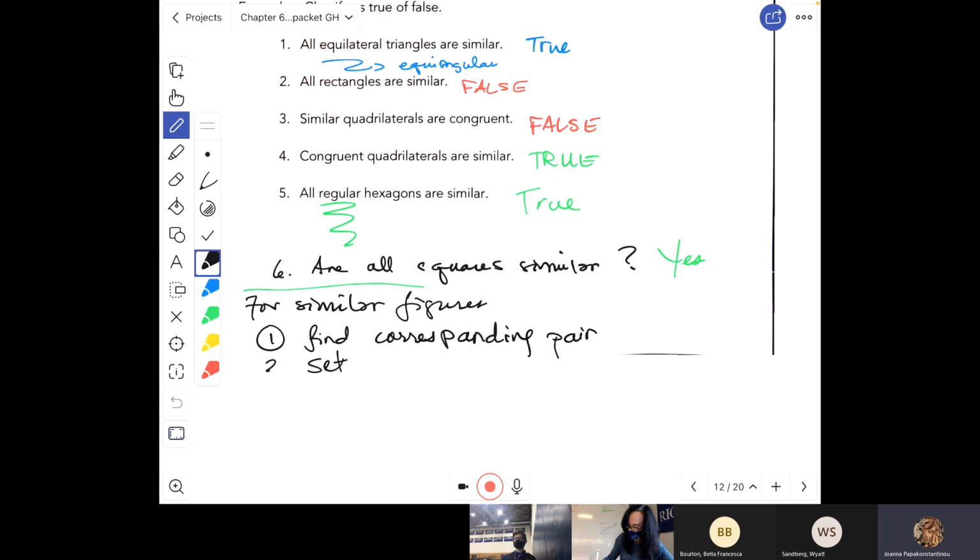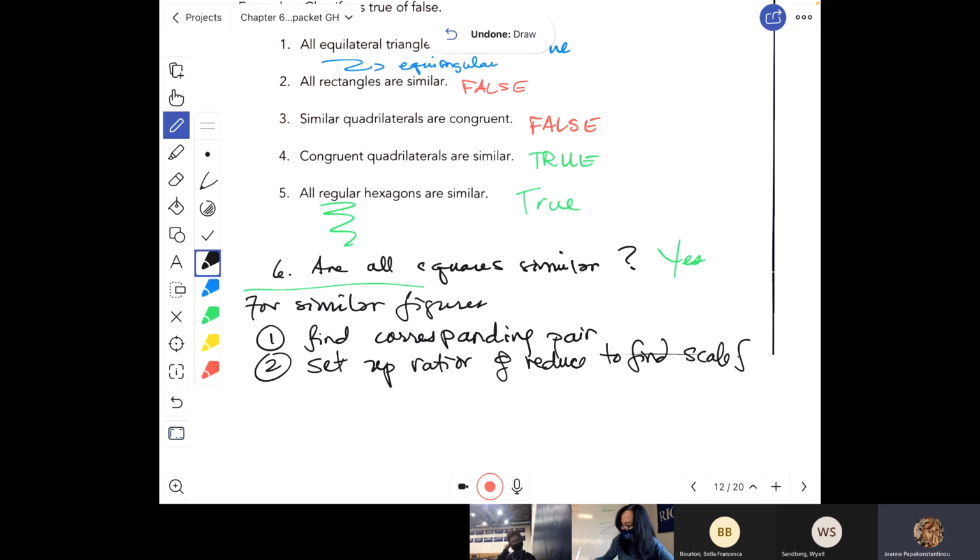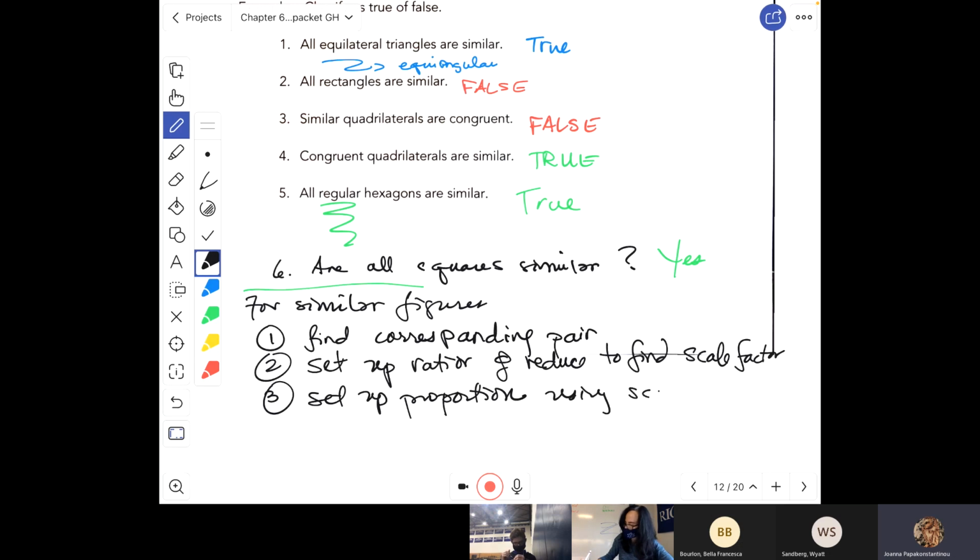Then you want to set up a ratio and reduce to find the scale factor. Then you want to set up a proportion using the scale factor and solve for the missing side.